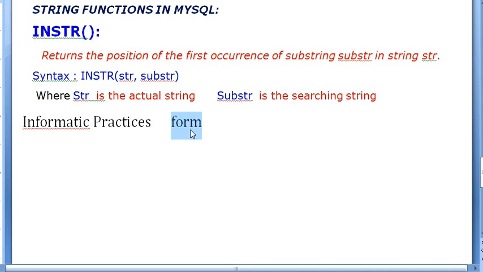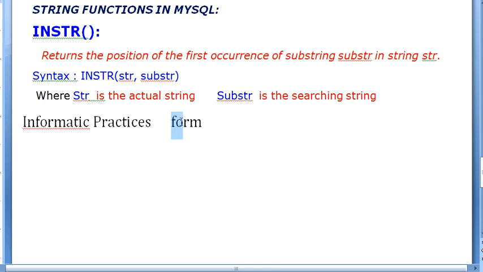If the second string, the substring, is available in our given string, then it gives its occurrence. That means it gives its position value. Like here, Informatic Practices is the string. What is the index position of I? 1, then 2, 3, 4, 5, and so on.